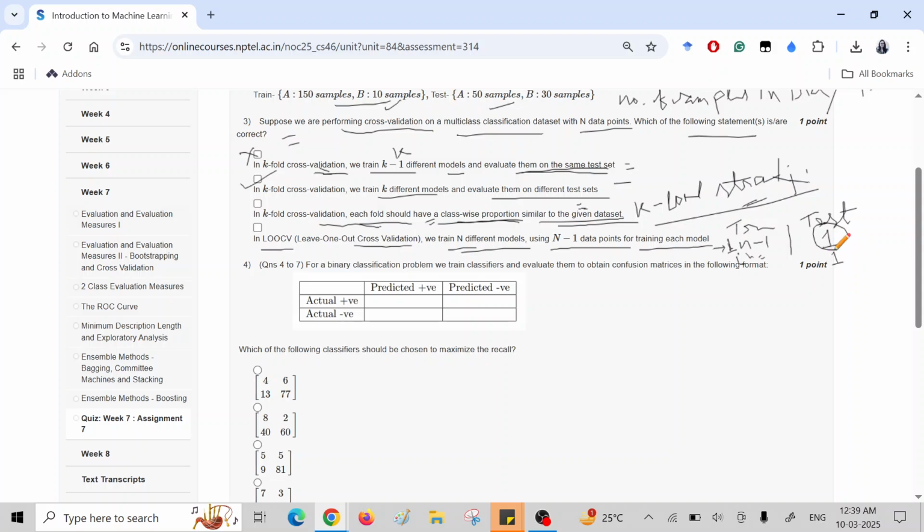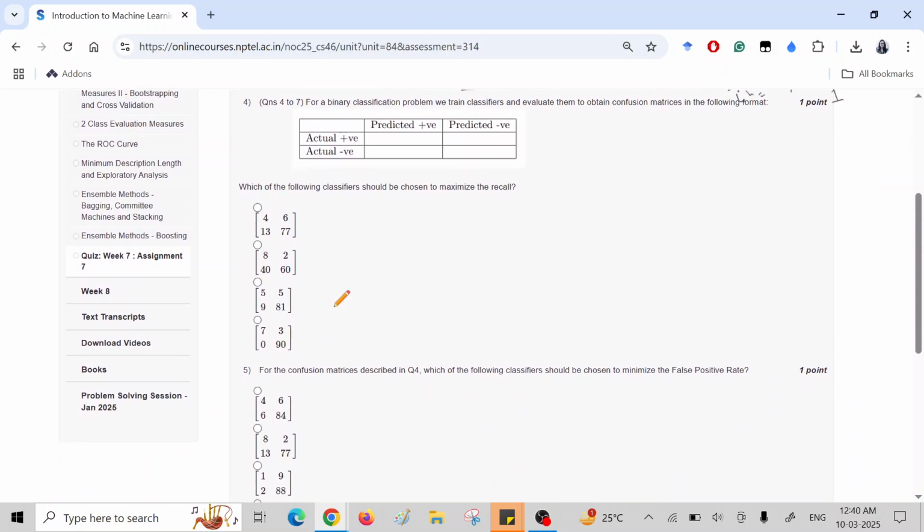So in leave one out cross validation only one sample is used for testing, whereas in k-fold cross validation there will be one entire fold, a group with more than one sample. So the last option is also correct. In leave one out we train n different models and n minus 1 data points are used for training each model. Then moving forward, question number 4.